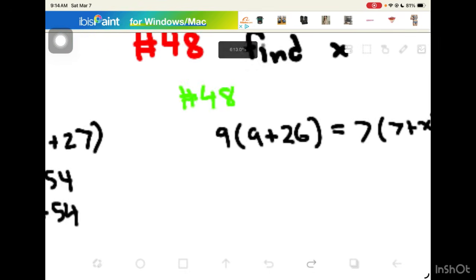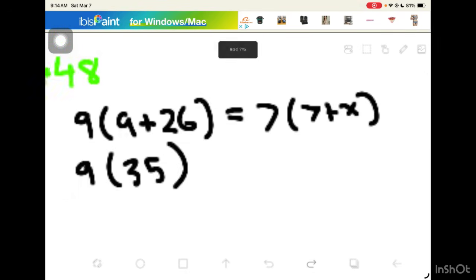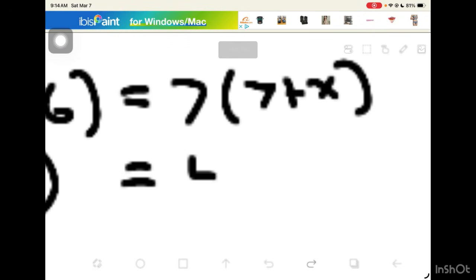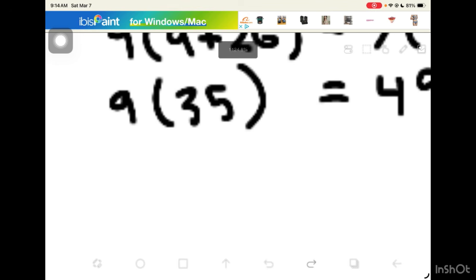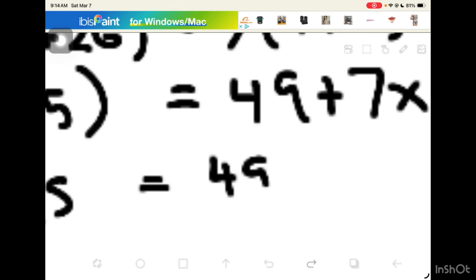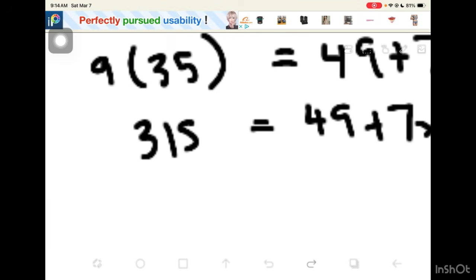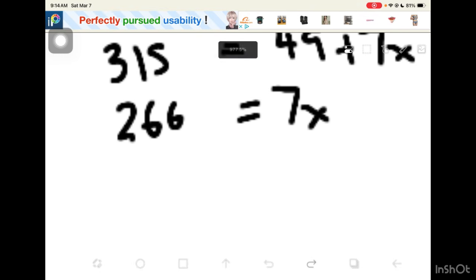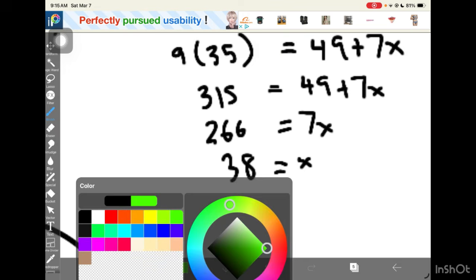That's 9 times 35 is equal to 49 plus 7x. So 315 is equal to 49 plus 7x. Then transposing 49, 266 is equal to 7x. 38 is equal to x. And that's the answer.